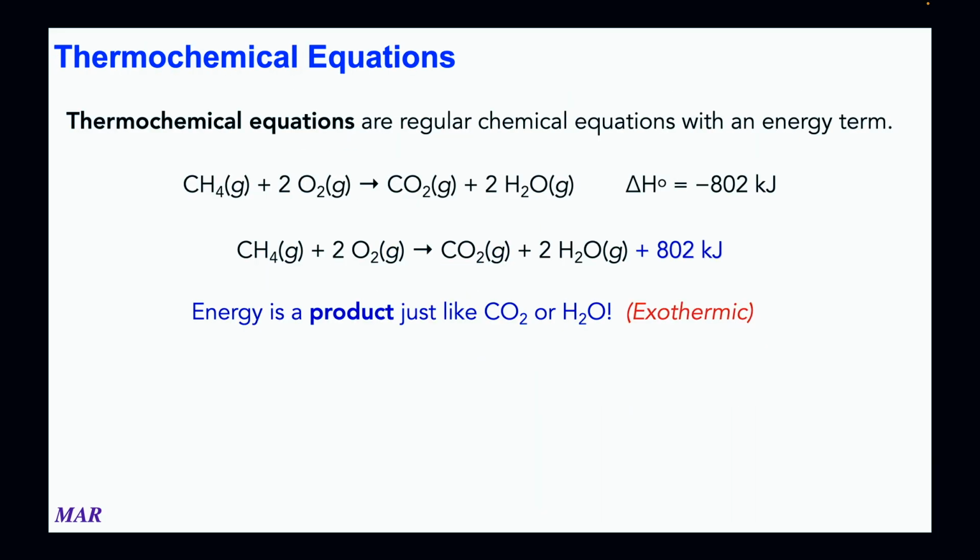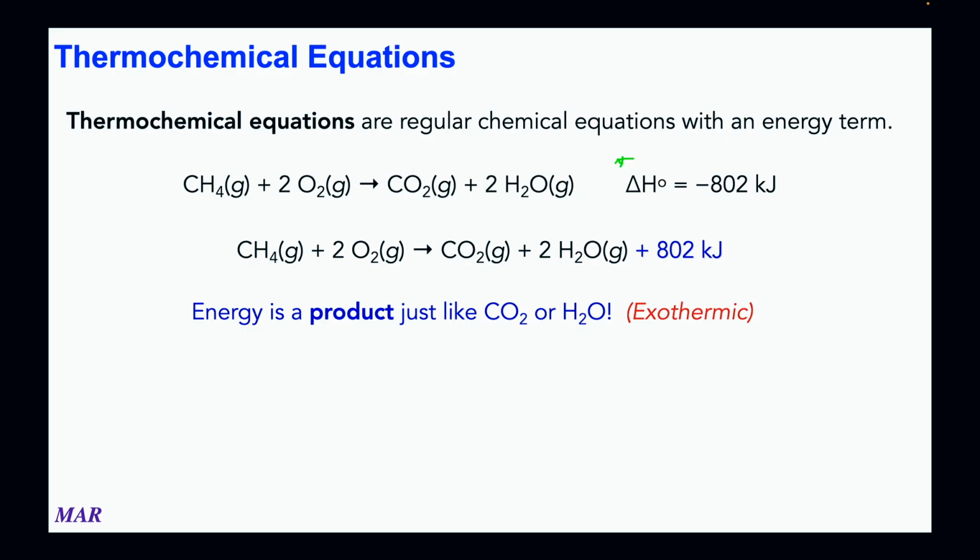These thermochemical equations are just regular chemical equations, but they have the energy part associated with them. And there are different ways to write the energy component. So what we'll do most of the time is what you're seeing in the top right there. This is methane and oxygen making CO2 and water, and the delta H value minus 802 kilojoules.